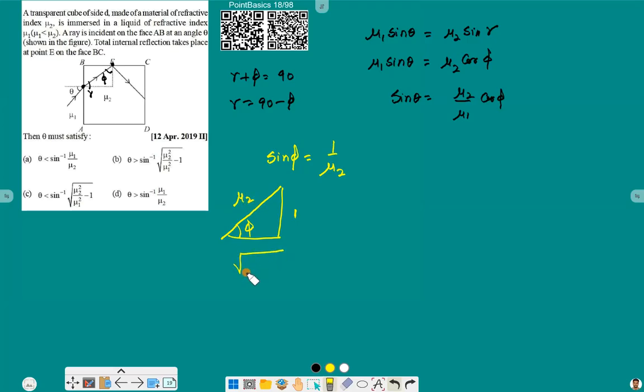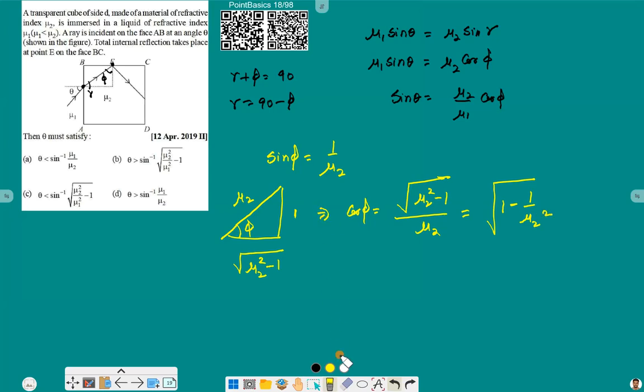This side will be root of mu2 square minus 1, and from this cos of phi will be equal to under root mu2 square minus 1 by mu2, or that will be equal to root of 1 minus 1 by mu2 square.